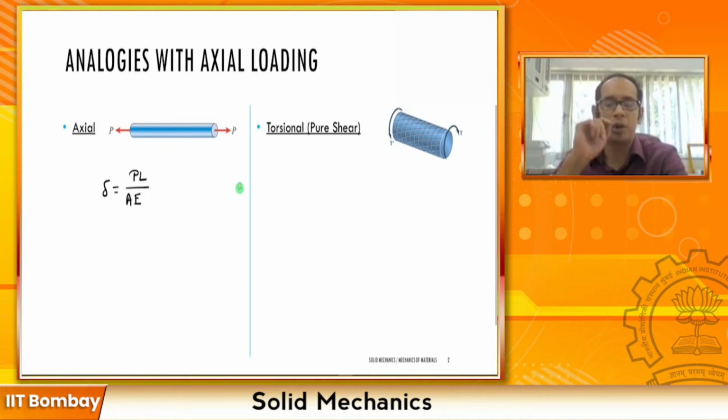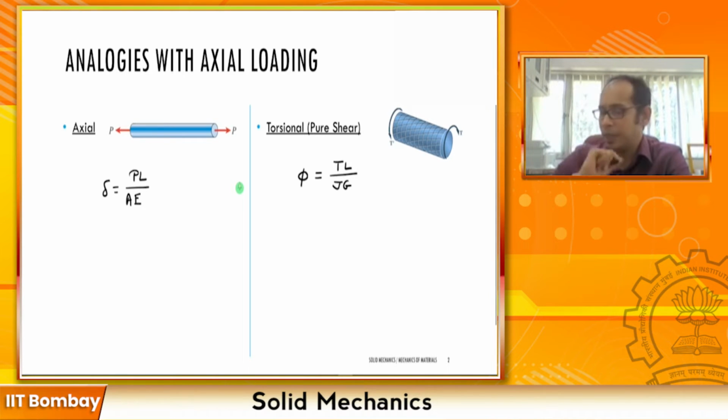Now if you recall what we learned in torsion until now, our phi, that is the angle of twist, remember the torsion formula, the last thing that we derived, phi is equal to T times L divided by J times G. Now can you start seeing the analogy between these two formulas?